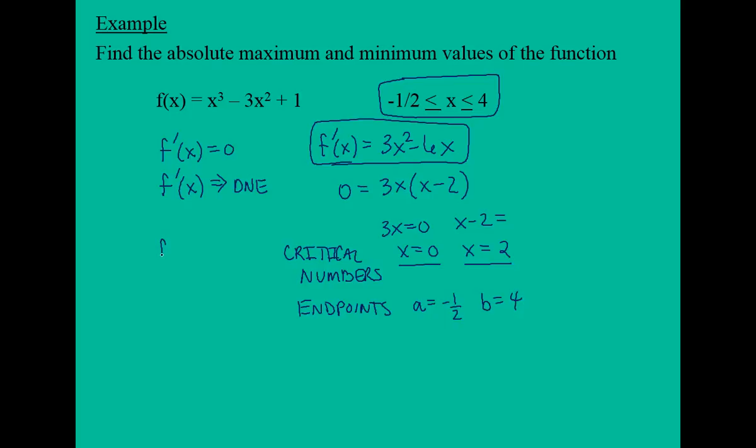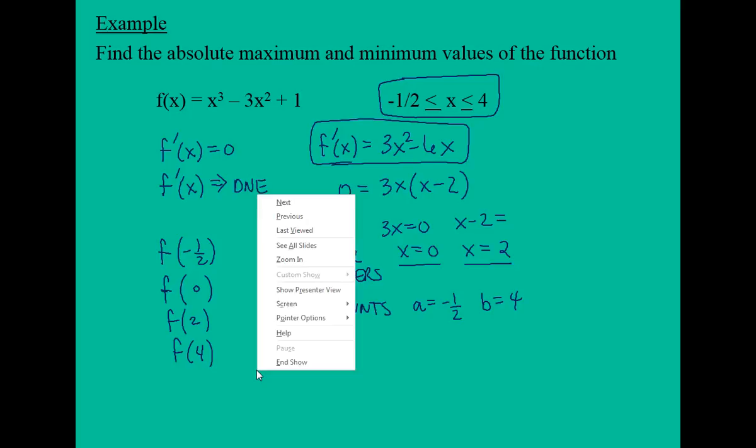So we're going to plug those values into our function and then compare these values to find the absolute maximum value and the absolute minimum value. So I'm just going to put these in order. And that's how we determine our absolute maximum and absolute minimum values. That's the process. Now let's go ahead and find these values.